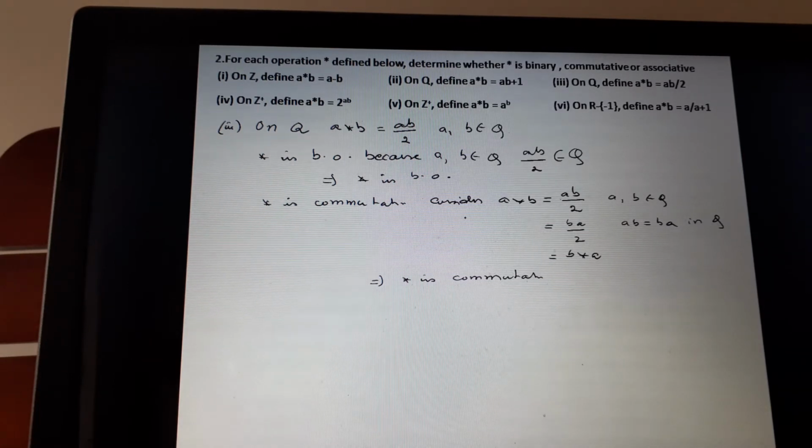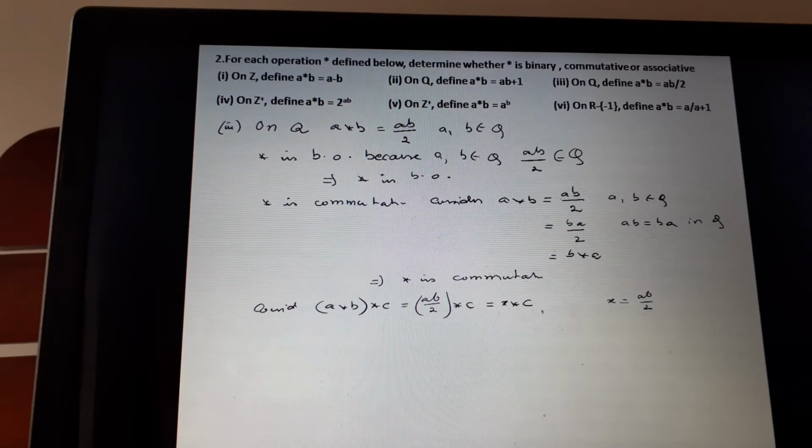We have to check now whether it is associative or not. Consider (A star B) star C. What is A star B? A star B is AB by 2, then star C. Suppose you have difficulty with this one, you write this as x star C, where x equals AB by 2.